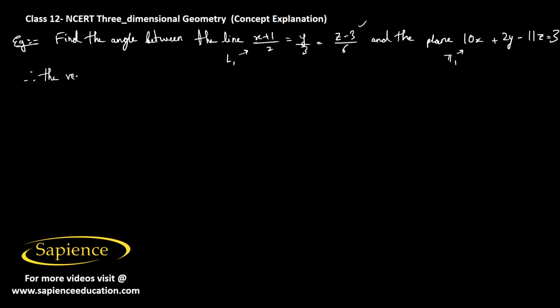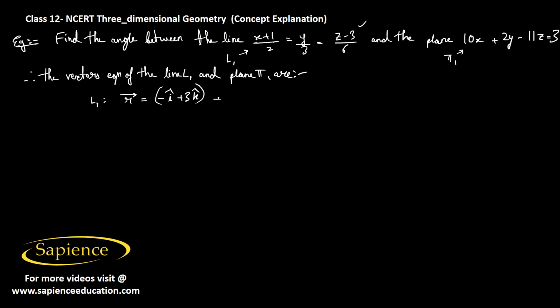Therefore, the vector equations of the line L1 and the plane pi 1 are given as, the vector equation of the line L1 will be r vector equals a vector, which is minus i cap plus 3k cap, plus lambda into b1 vector, which is 2i cap plus 3j cap plus 6k cap, and the equation of the plane pi 1 will be r vector dot 10i cap plus 2j cap minus 11k cap equal to 3.